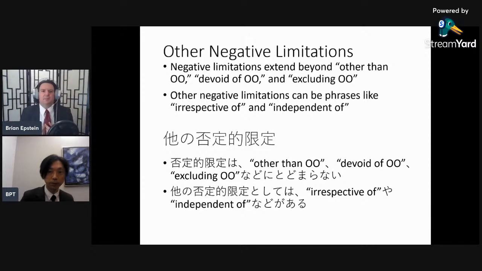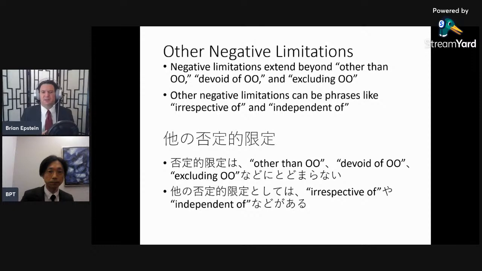In particular, one of the most common ones I see in modern times are phrases like irrespective of and independent of. These are phrased positively, right? When we look at things like other than or devoid of or excluding, these are or not or without. These are all negative words.